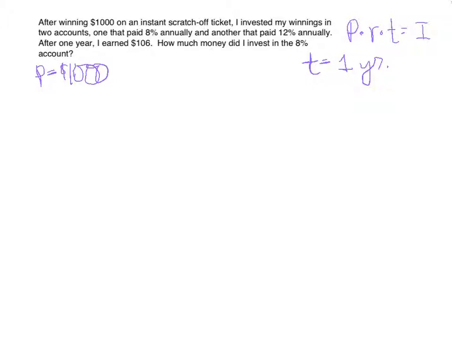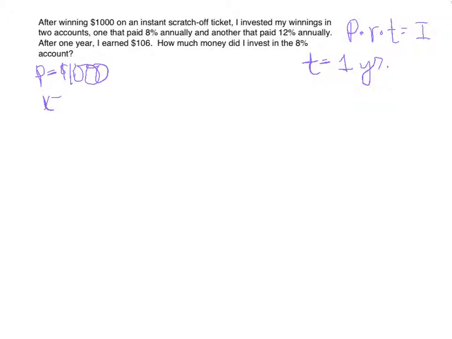And we're wondering if we split our principal into two accounts, how much is in each account if the total interest after 1 year is $106? Well, we need to start by defining our variables.